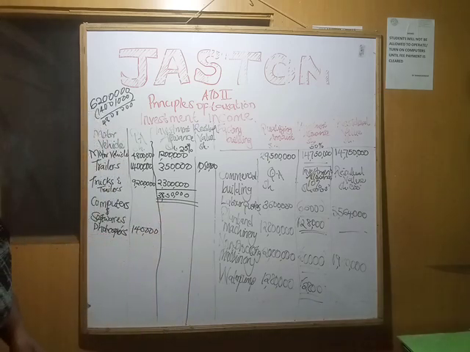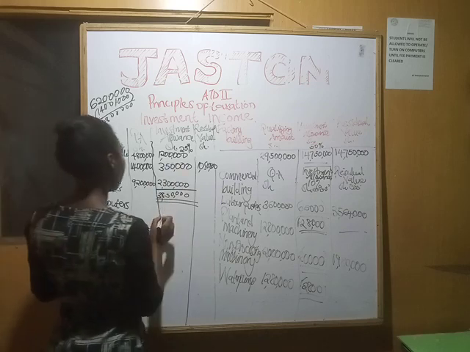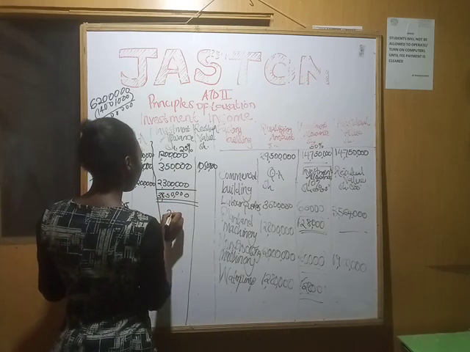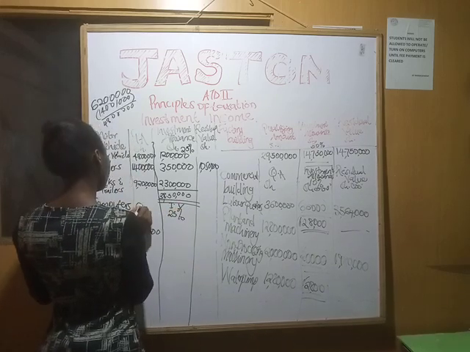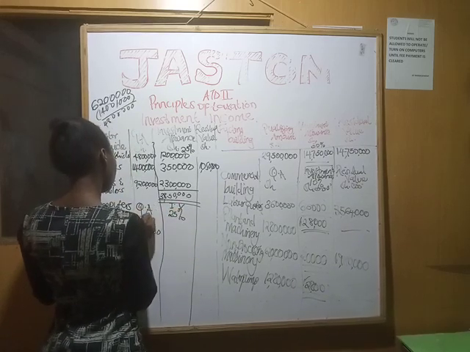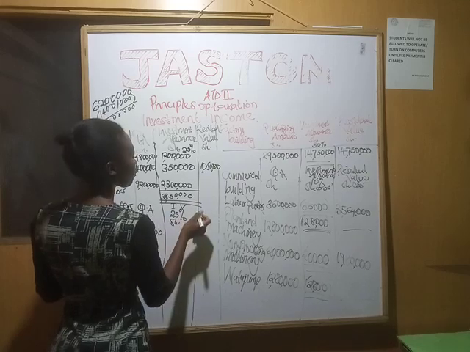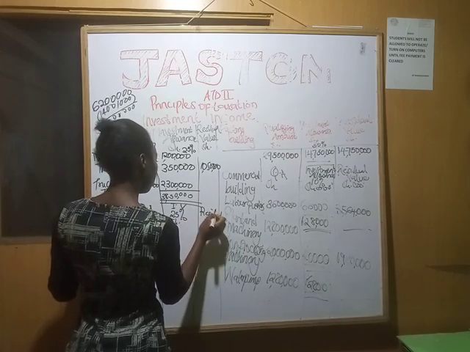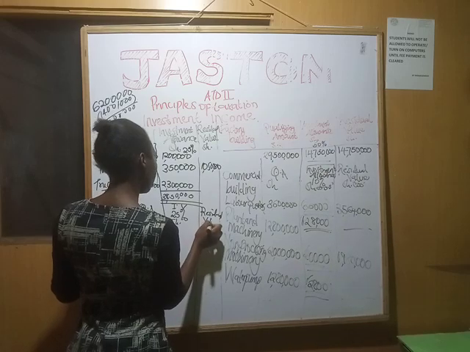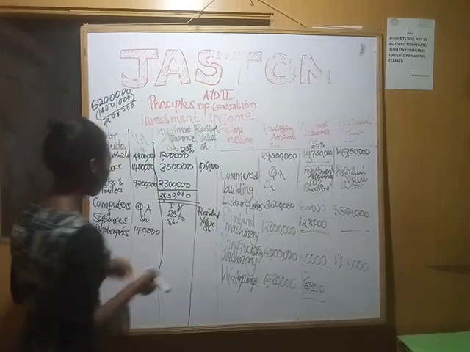We said computers and softwares take an investment allowance of 25%. Then we have our qualifying amount in shillings, then our residual value, also in shillings.